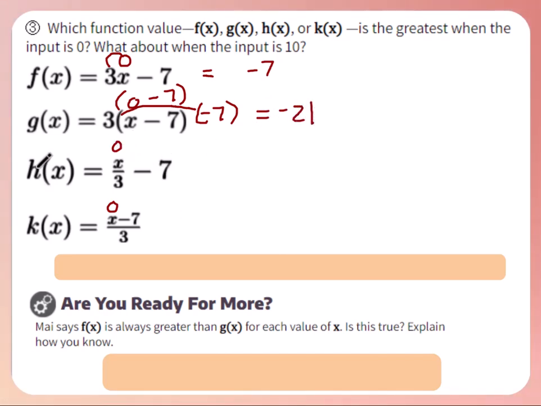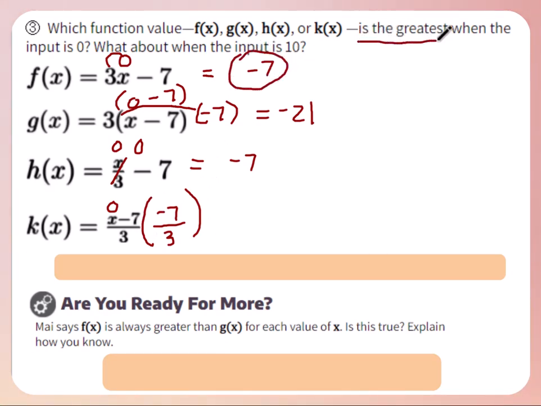Okay, let's move down to function h. 0 divided by 3 is 0, and 0 minus 7 is negative 7. So that's the same as function f. Moving down to function k, 0 minus 7 is negative 7, and then negative 7 divided by 3 is negative 7 over 3. Now that we have the answers, let's compare.